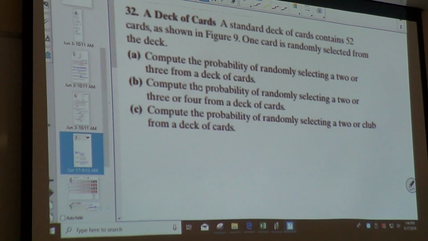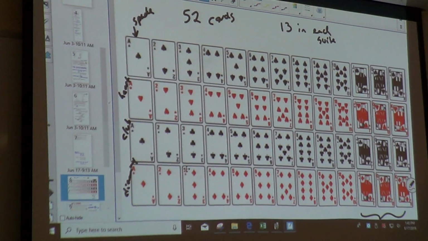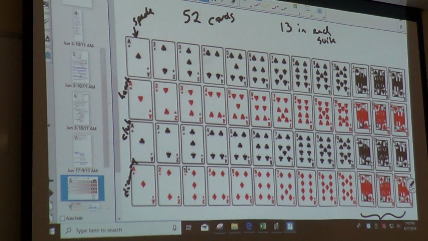So, it tells you that a standard deck of cards contains 52. One card is randomly selected from the deck. Compute the probability of randomly selecting a 2 or 3 from a deck of cards. So, if I pull back this up, we're picking a 2 or a 3.